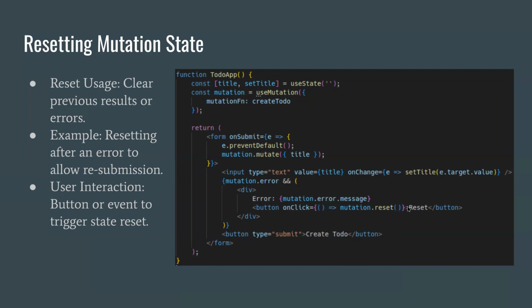And what happens if you hit this reset button? It allows the user to try submitting the to-do again without having to reset the entire application.